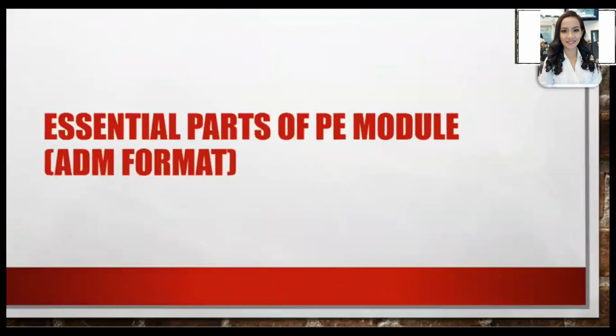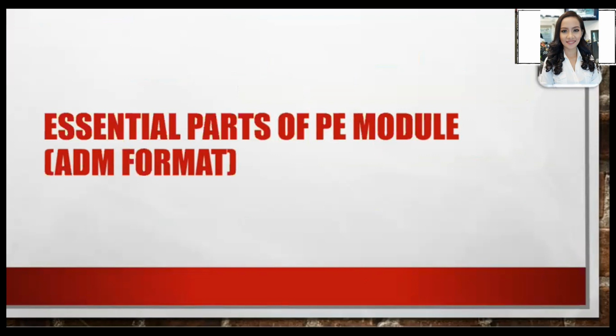Let us start the sharing by taking a look at the different parts of an ADM-based module. The elements that will be discussed today will focus on content and main body of the module. So this discussion will exclude the technicalities of the format and the cover pages.